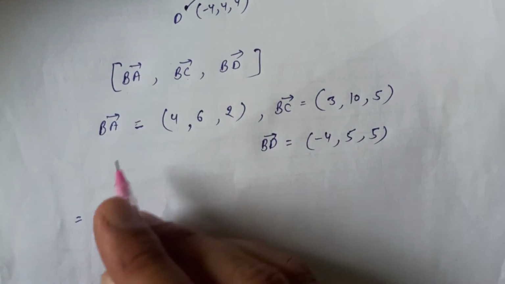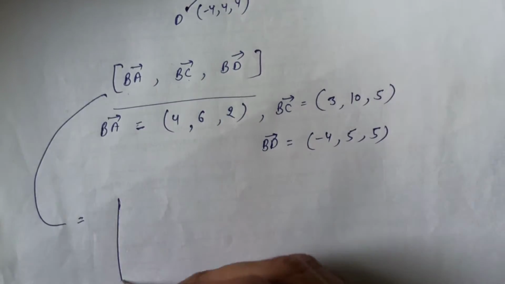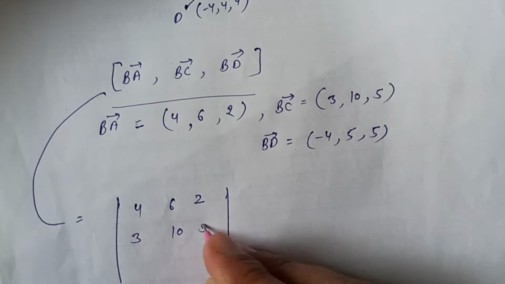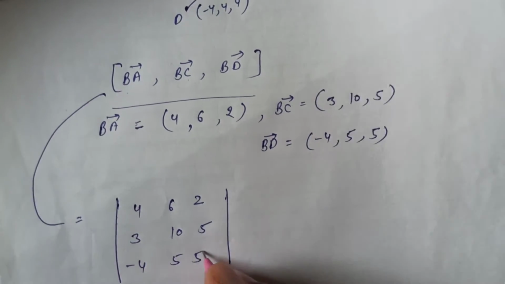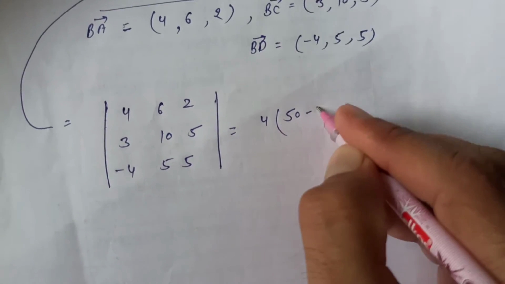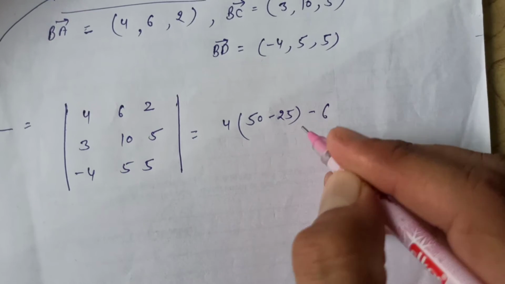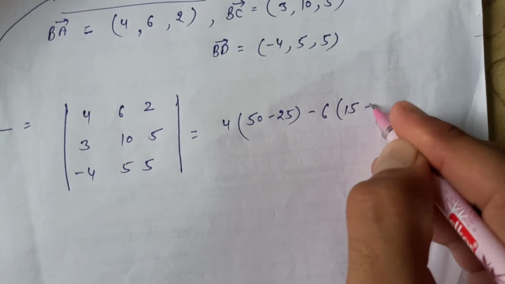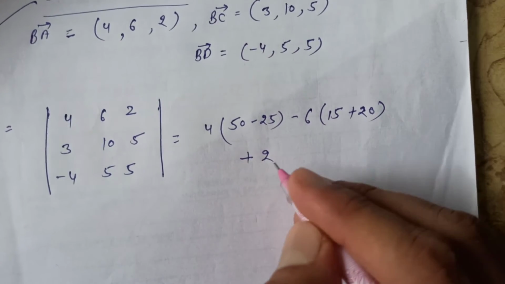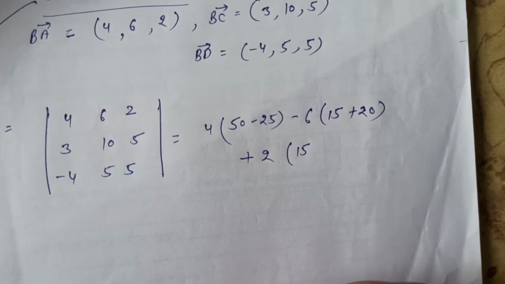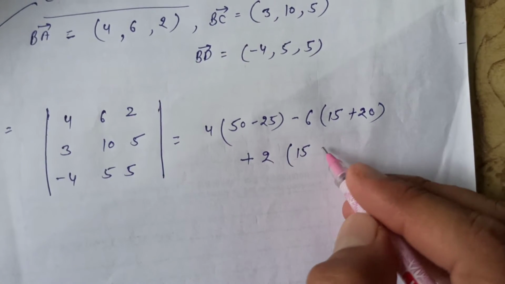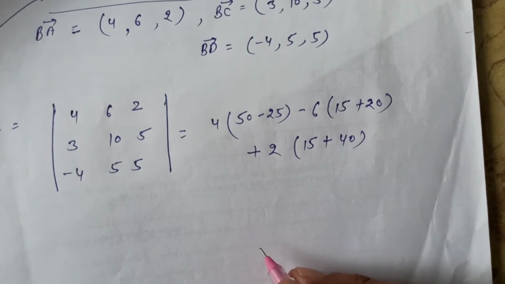Scalar triple product of these 3 vectors will be equal to the determinant of 4, 6, 2, 3, 10, 5, minus 4, 5 and 5. That will be 4 into 50 minus 25, minus 6 into 15 plus 20, plus 2 into 15 plus 40.